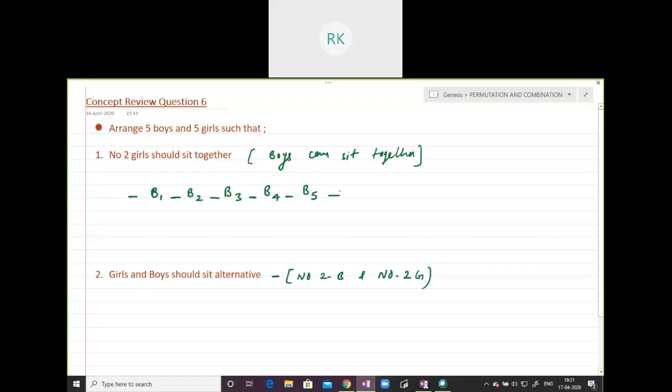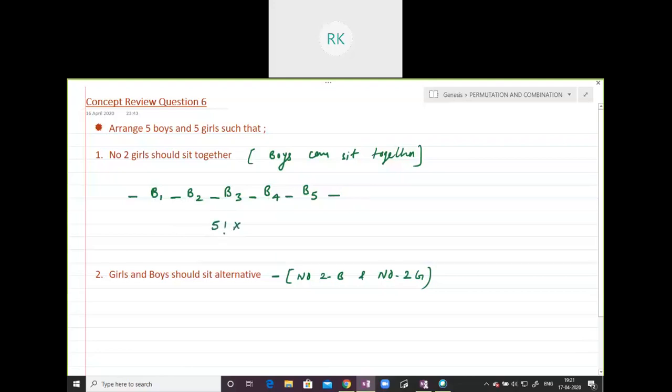So I will arrange the boys first because there is no condition given for the boys. So 5 factorial. Boys arranged already.